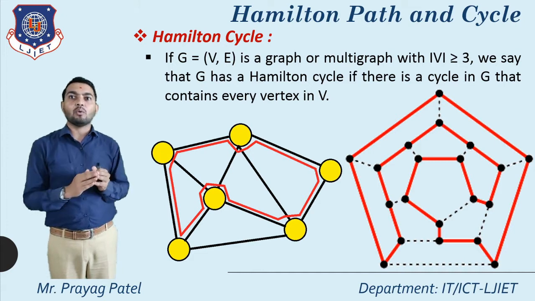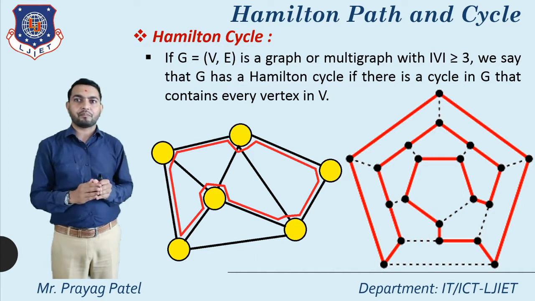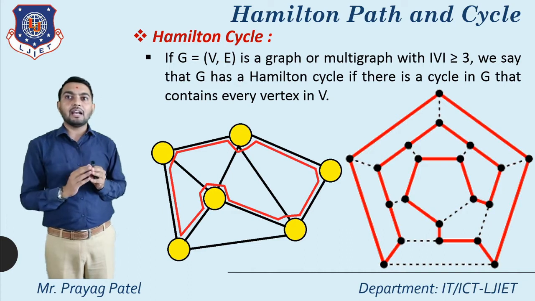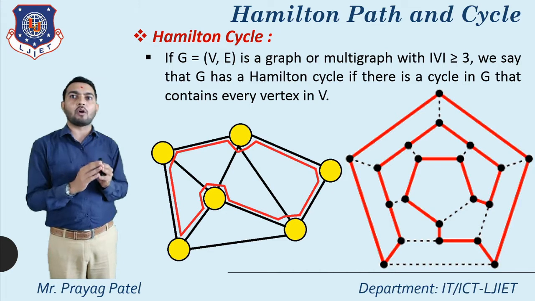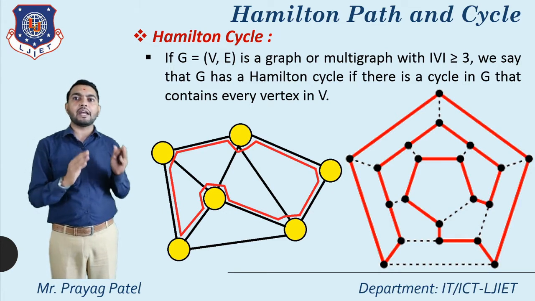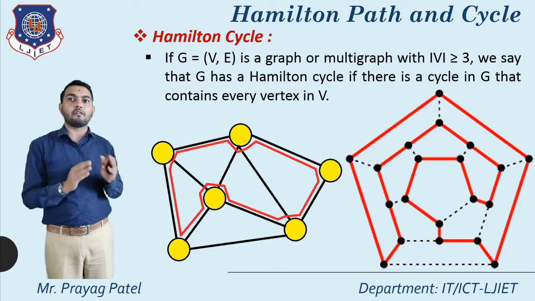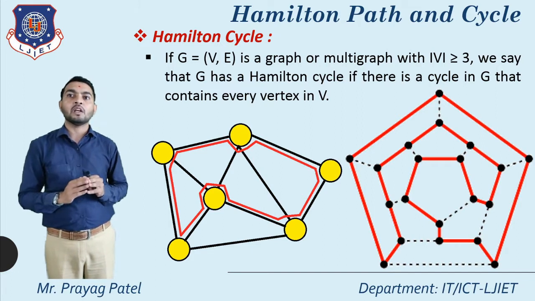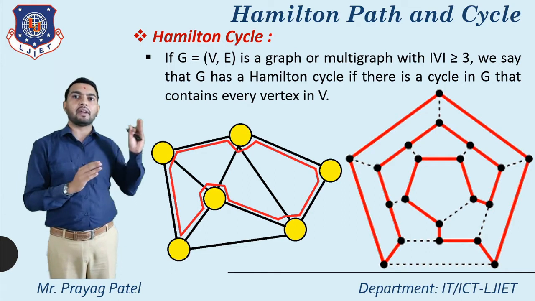Now Hamilton cycle means your starting point and ending point are the same. In a simple cycle, you do not need to cover all the nodes, but in a Hamilton cycle you compulsorily cover each and every node. So each and every node is covered exactly once, not more than that and not zero times either.